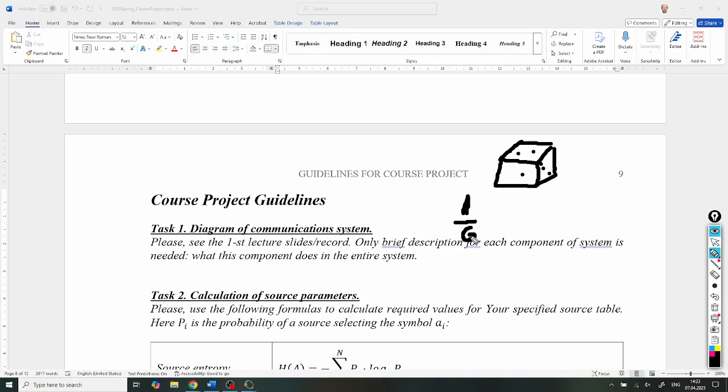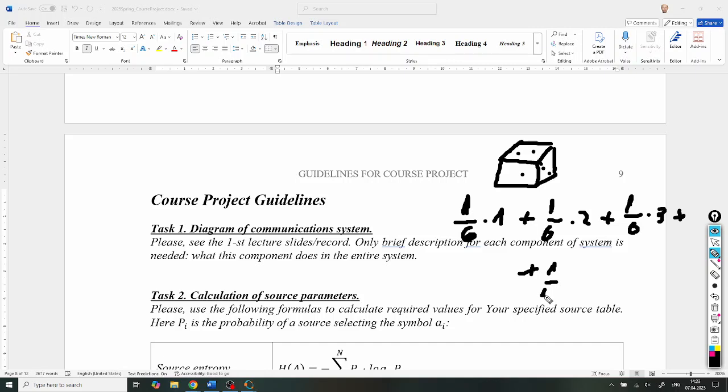So you can calculate the average value you are going to throw on these dice by calculating the probability of getting 1 multiplied by 1 plus the probability of getting 2 multiplied by 2 and so forth. That's how the average value should be calculated.